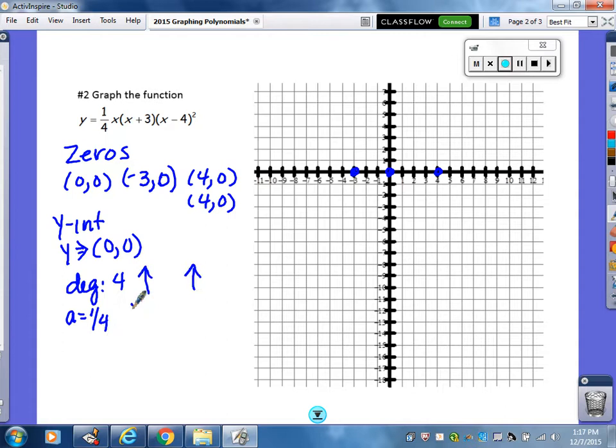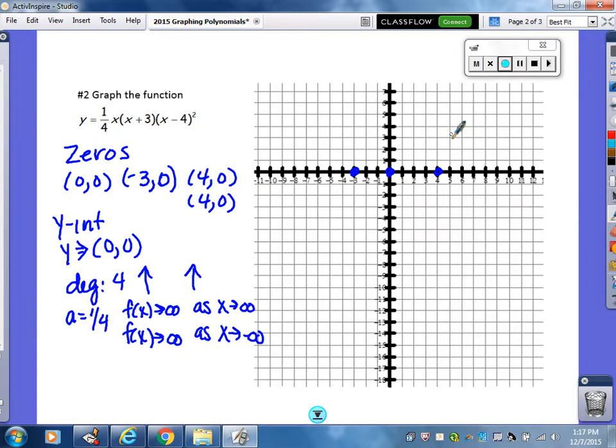So as x approaches positive infinity, f of x is going up. And as x approaches negative infinity, f of x is still going up because this is an even degree. So we're both going up on the ends. So this bounce is going to be above, because I know my end behavior is going to both go up.